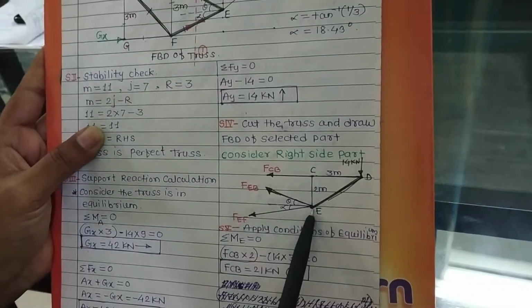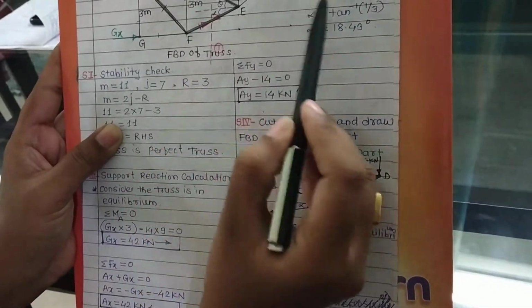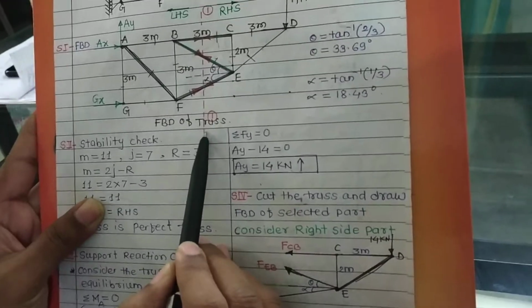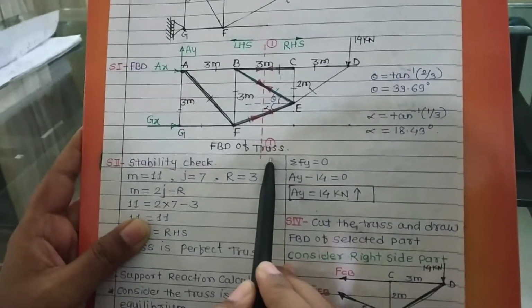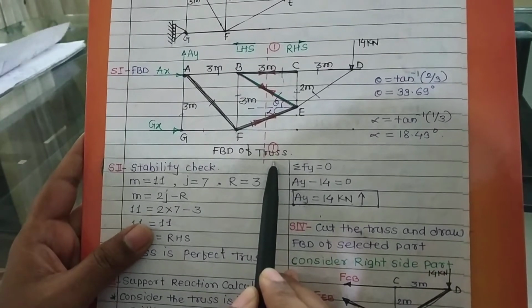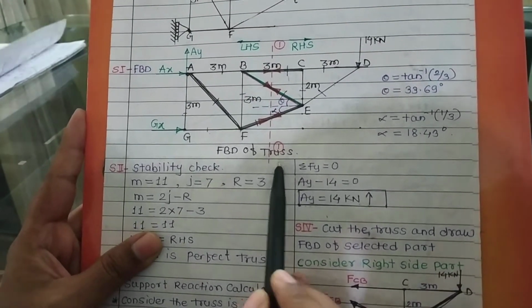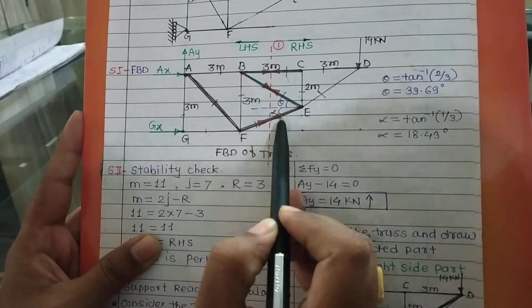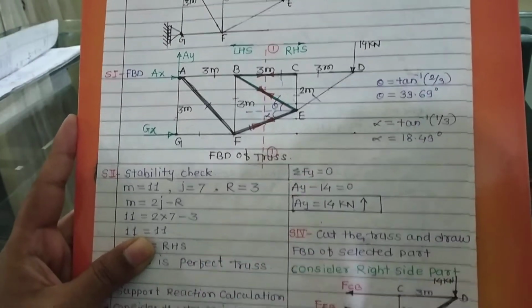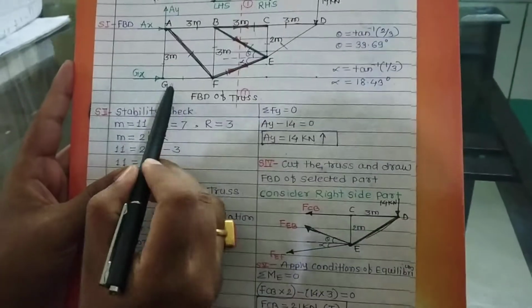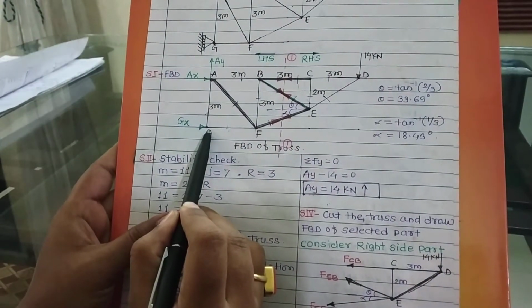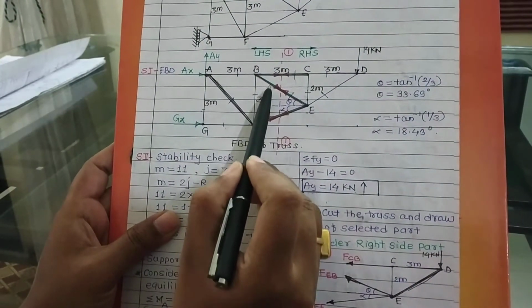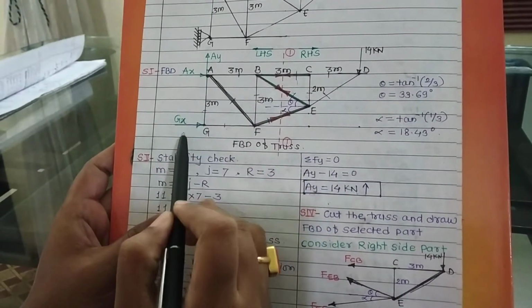There is a reason. Because to the right hand side part, if I count the total reactions or forces, then I can say that total 1, 2, 3 and 4 forces are acting towards the right part. But if I consider the left hand side part, total reactions in the calculations will be 1, 2, 3, 4, 5, 6.